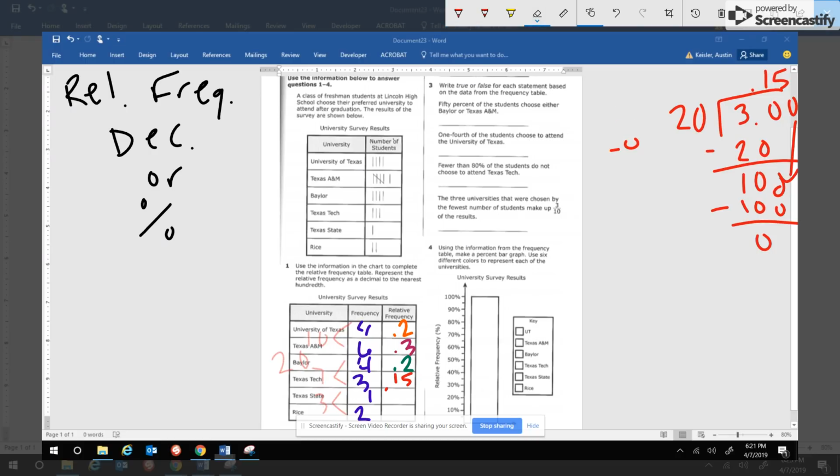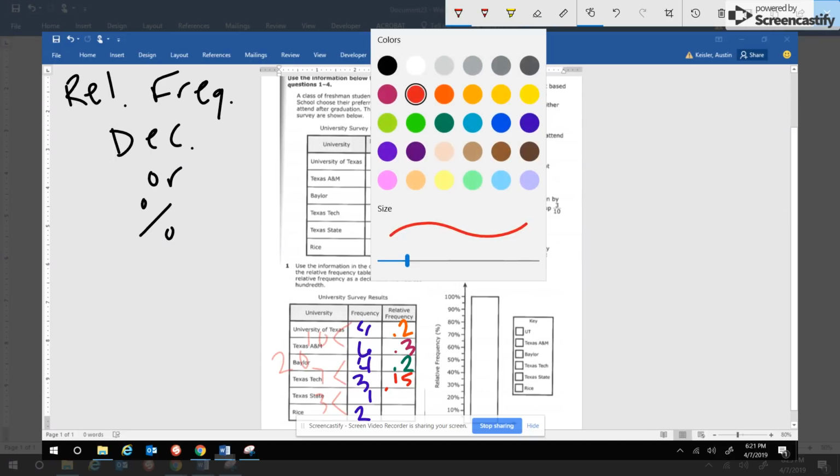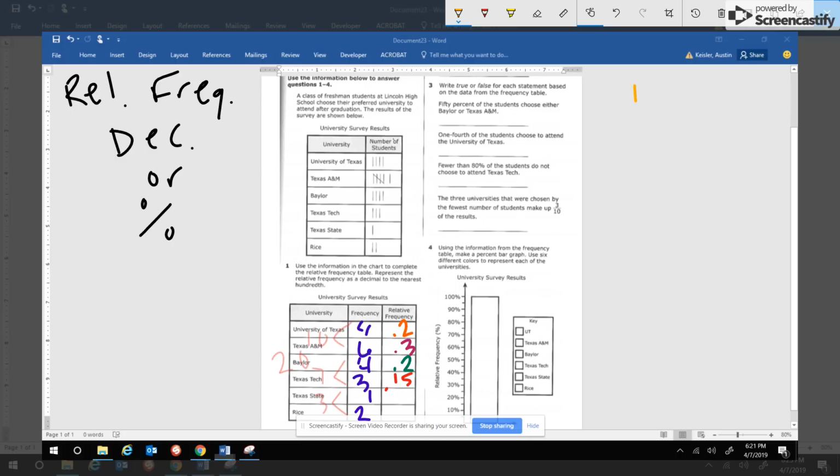Texas State had 1 out of 20. So if we're going to divide, 20 goes into 10 0 times. So I'm going to add another 0, and 20 goes into 100 5 times.